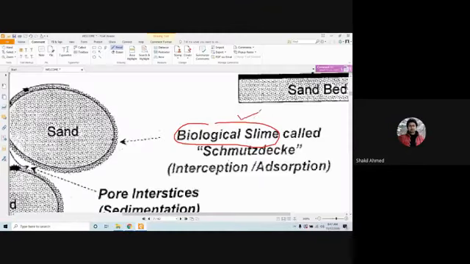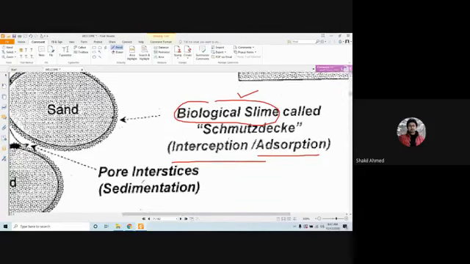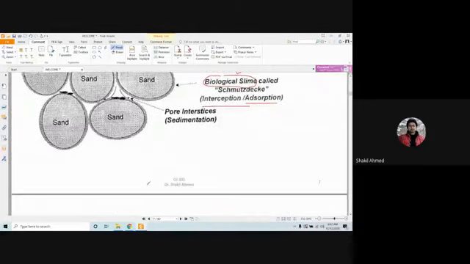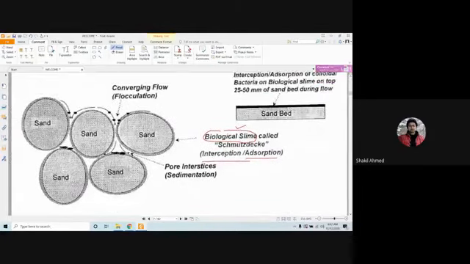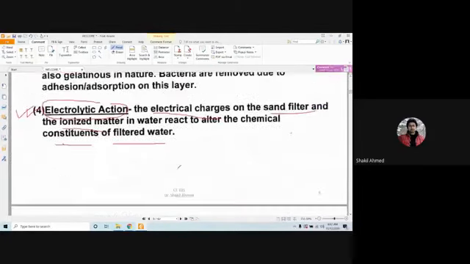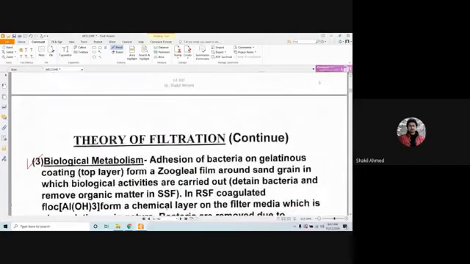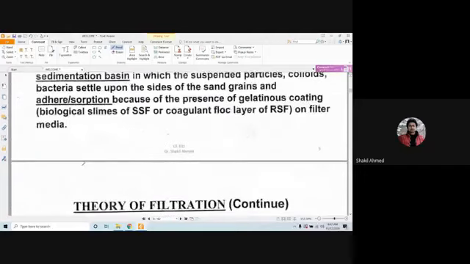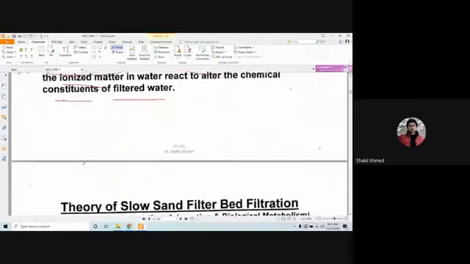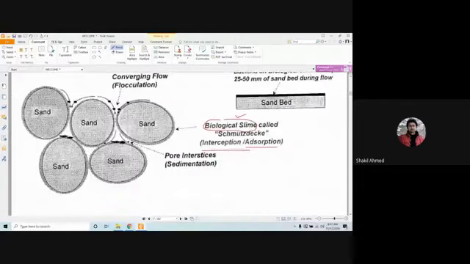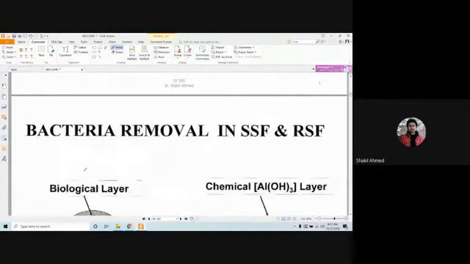What happens? Adsorption or interception. This is also getting attached with the surface. So you should be able to describe filtration, the mechanisms involved in filtration, with a neat sketch.